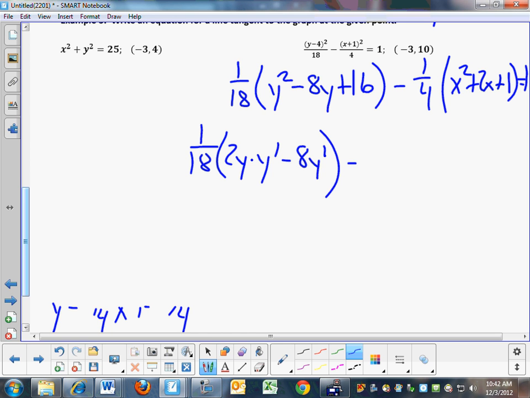Minus, what's the derivative of x squared? 2x. What's the derivative of 2x? Equals 0.